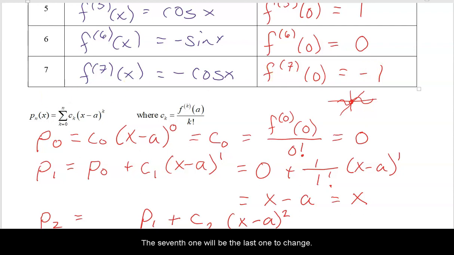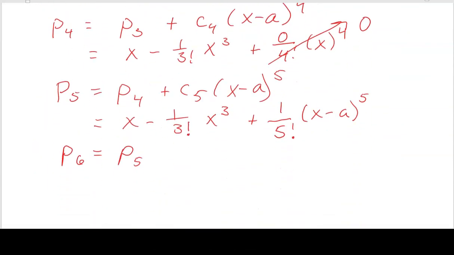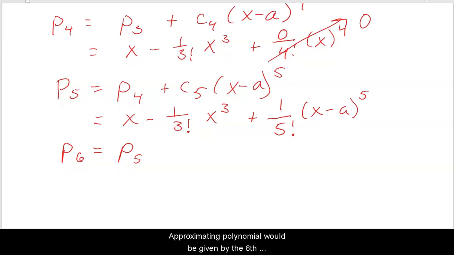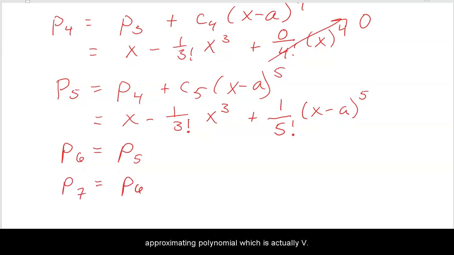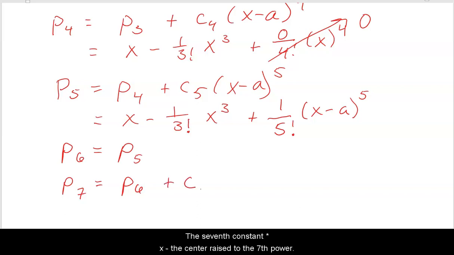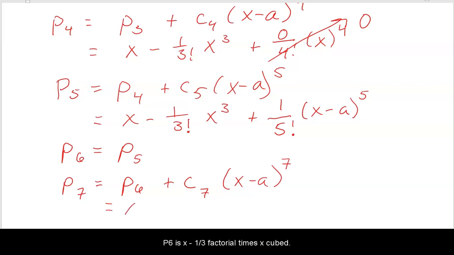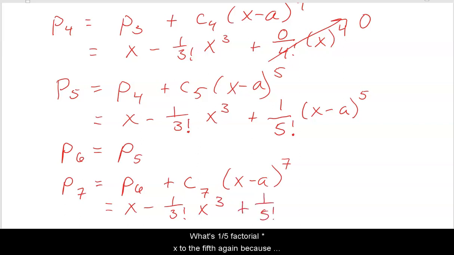The seventh one will be the last one to change. And the seventh approximating polynomial would be given by the sixth approximating polynomial, which is actually the fifth, plus the seventh constant times x minus the center raised to the seventh power. P6 is x minus 1 over 3 factorial times x cubed plus 1 over 5 factorial times x to the fifth, again because the center is 0.